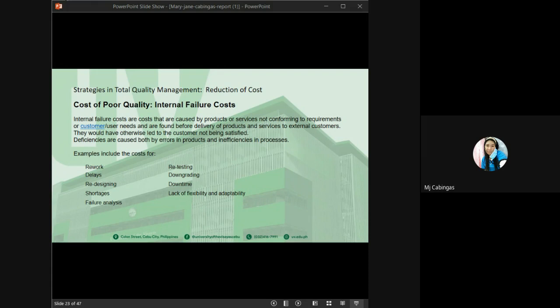So they would have otherwise led to the customer not being satisfied. Deficiencies are caused both by errors in products and inefficiency in processes. So, kani siya, ang mga example ani kay mga delays, kanang downgrading. So, I have your example na kanina siya.